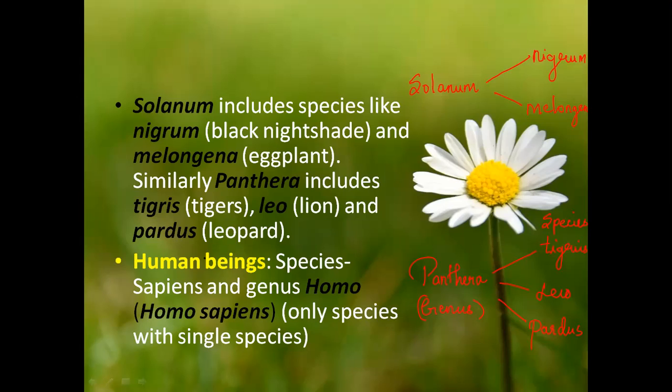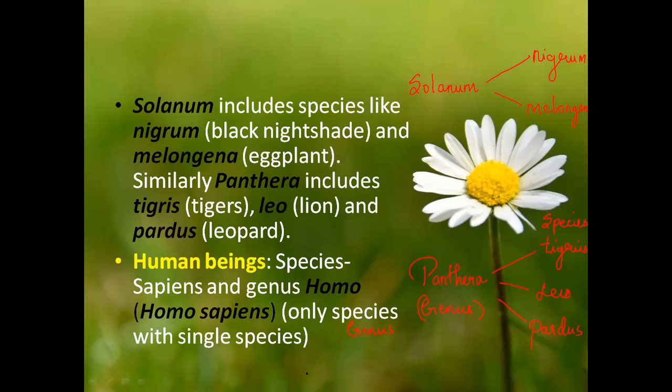Now coming to human beings. You know that the scientific name of human beings is Homo sapiens. So species sapiens and genus Homo. Sorry, it is typed wrong: it is a genus with a single species, Homo sapiens.